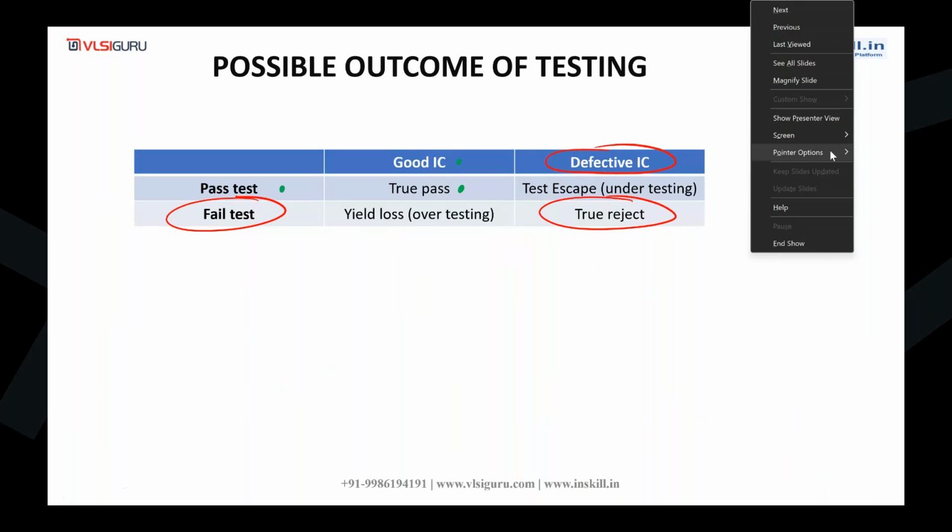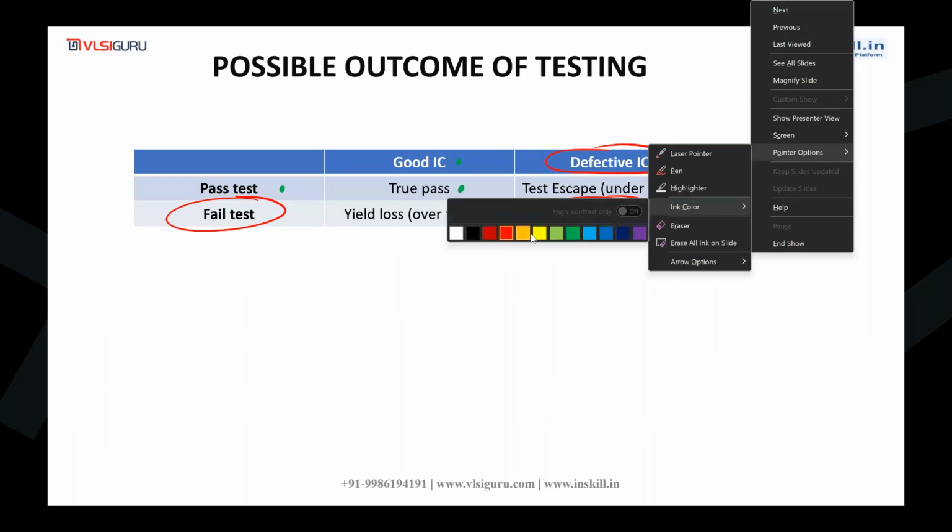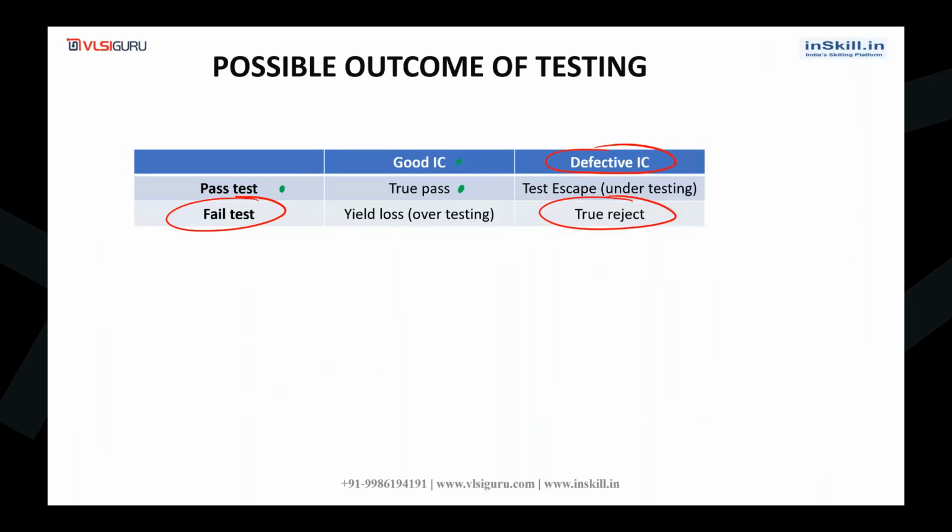Now, if a defective IC passes the test, it is called a test escape. It's also called under testing.